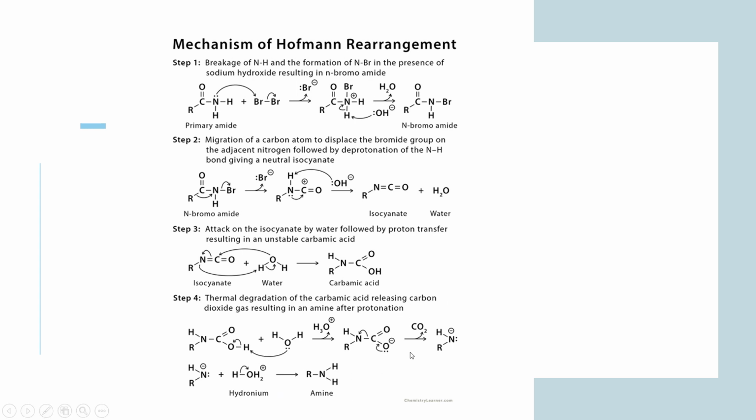So this decarboxylation step is one of the most important steps of Hoffman rearrangement, because this is explaining to you why we get a carbon number less in the product, because that particular carbon is leaving as carbon dioxide in the reaction mechanism.